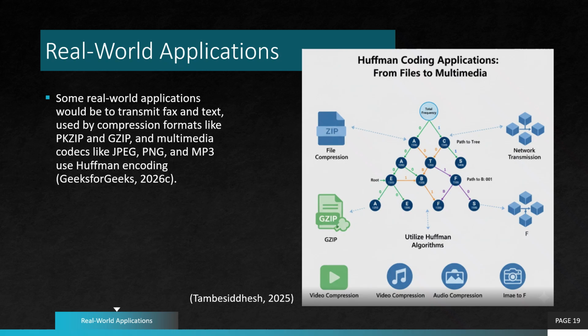Also, some multimedia codecs like JPEG, PNG, and MP3. They all use Huffman encoding. I have a picture that entails this through network transmission, file compression, using gzip. All these utilize the Huffman algorithm.